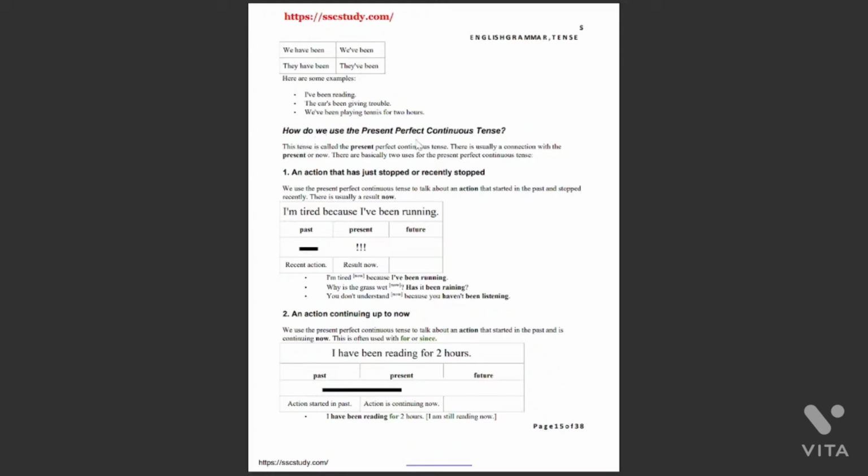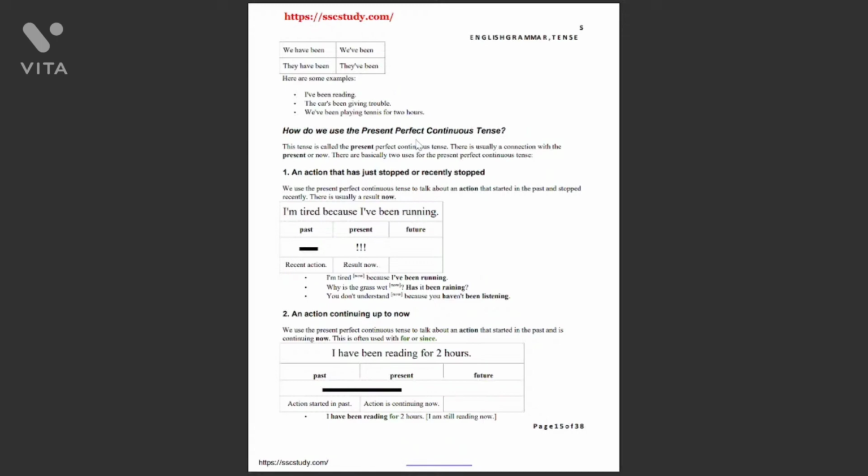How do we use the present perfect continuous tense? The tense is called present perfect continuous, and usually has a connection with the present, or now. Basically we have two uses: an action that has just stopped or recently stopped, and an action continuing up to now.